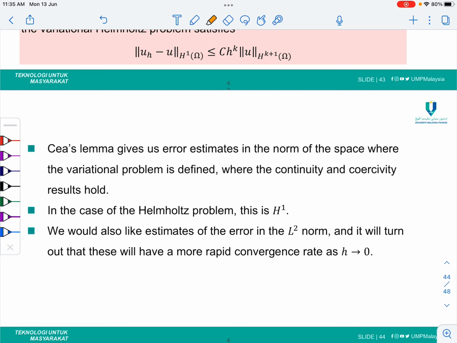In the case of the Helmholtz problem, this is H1. We would also like an estimate of the error in the L2 norm, and it will turn out that this will have a more rapid convergence rate as h converges to 0, meaning that the mesh gets smaller.